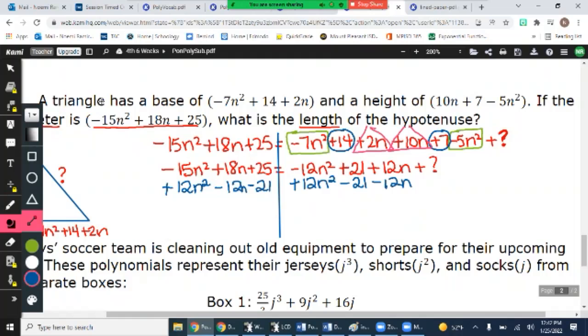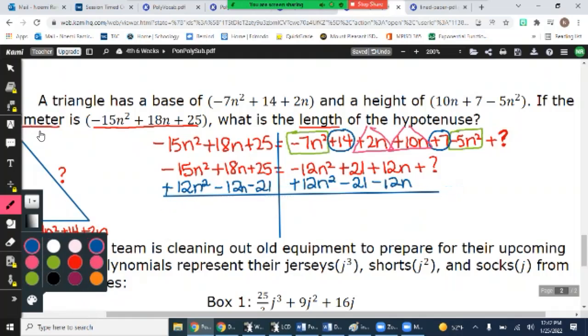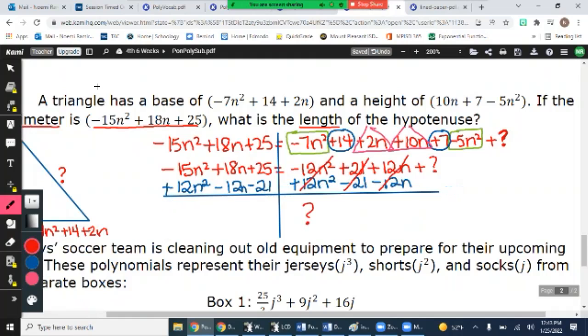Questions? All right. Now notice on this side over here, negative 12 plus 12 gives me 0. That cancels out. 21 minus 21, 0 cancels out. 12 minus 12, 0 also cancels out. All I'm left with is what? The other side, my unknown. So let's combine these over here.